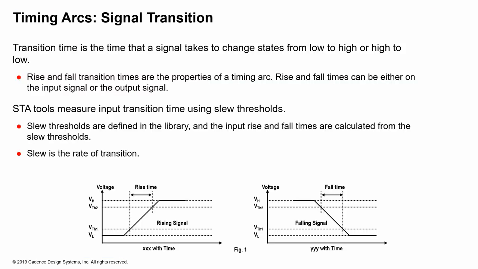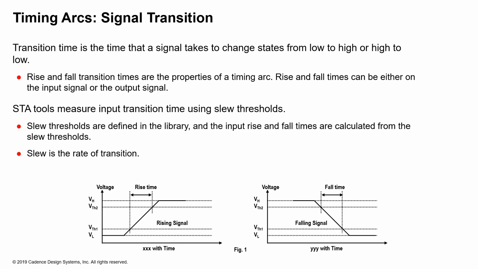Transition time is the time that a signal takes to change states from low to high or high to low. The graphic shows the signal rising from low to high and the signal falling from high to low. These rise and fall transition times are properties of a timing arc.